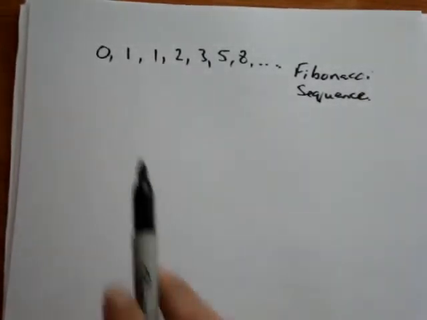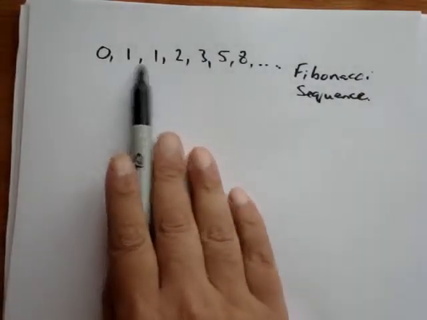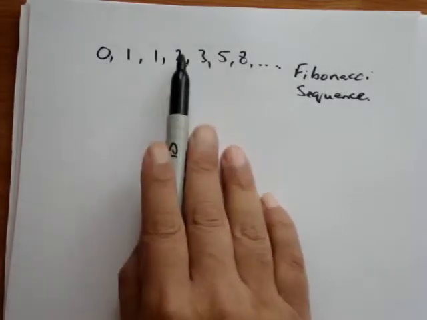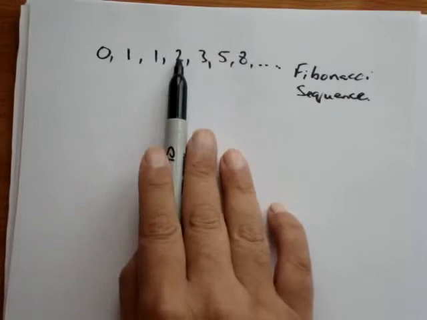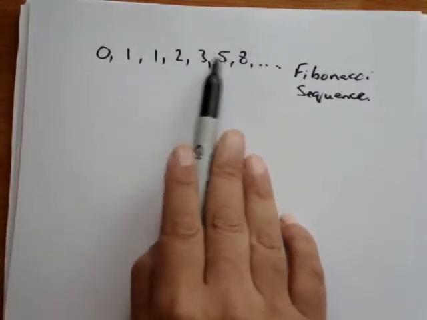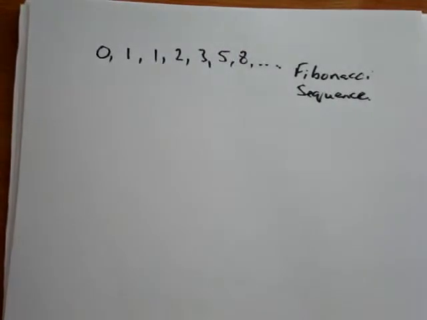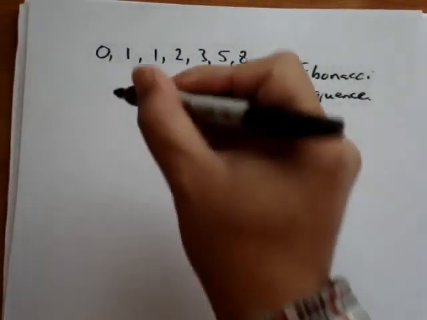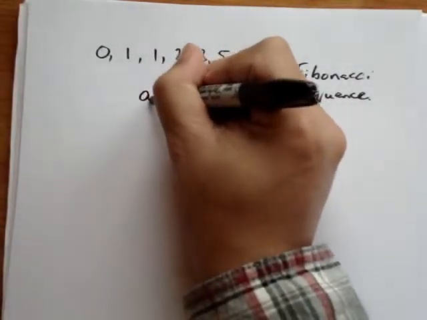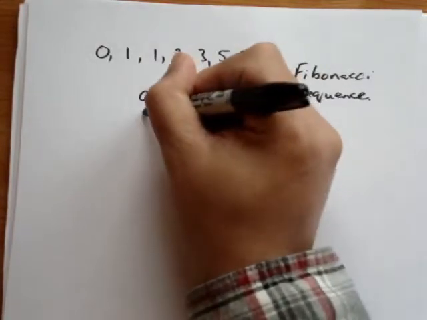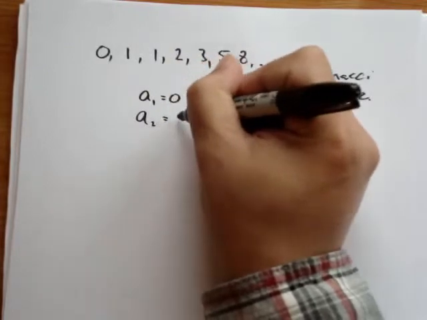And what the Fibonacci sequence is: that number is the sum of 1 and 0, 2 is the sum of 1 and 1, 3 is the sum of 2 and 1, 5 is the sum of 3 and 2. So it's the sum of the previous two numbers. So in this case we want the first number, a sub 1, is 0 and a sub 2 is 1.